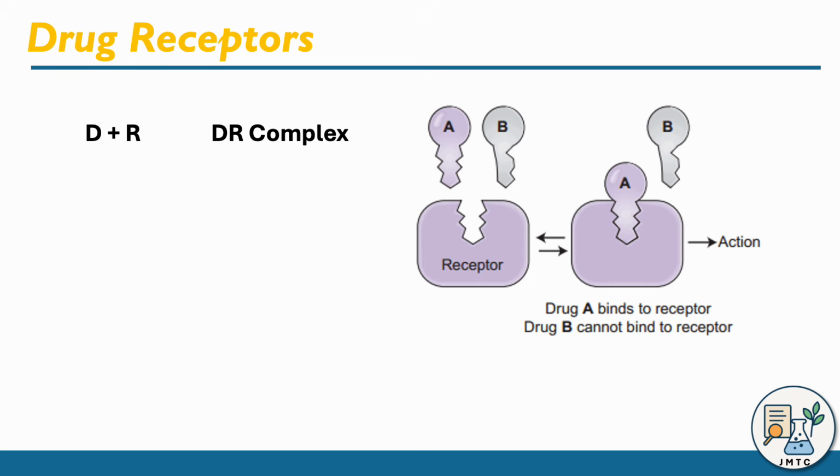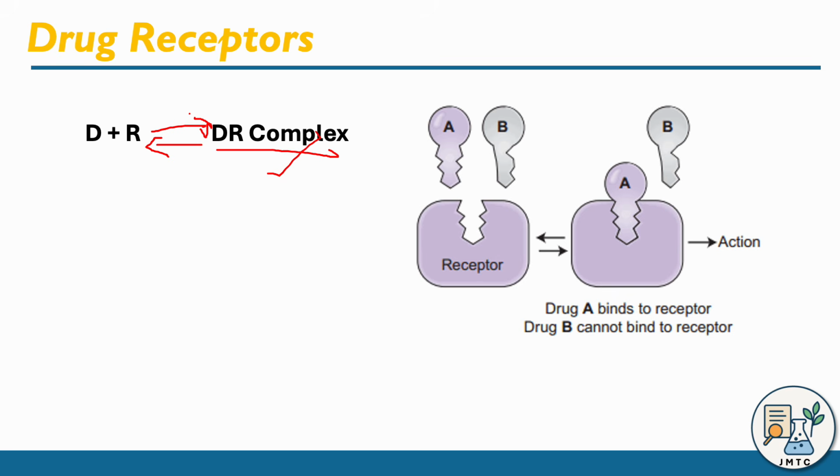So, receptors bind drugs and initiate events leading to an activity. So, this is a double-headed arrow. Drug plus the receptor equals the drug receptor complex, which gives the biologic effect.